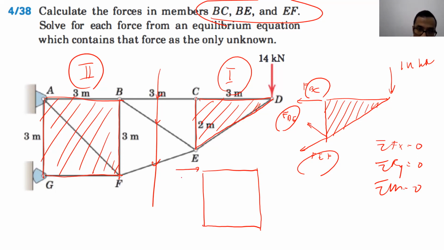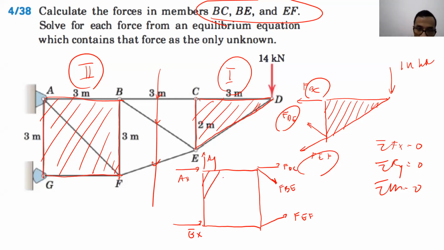This one is AX, AY, GX, and then we will have FEF like this, and we have FBE like this, and FBC.